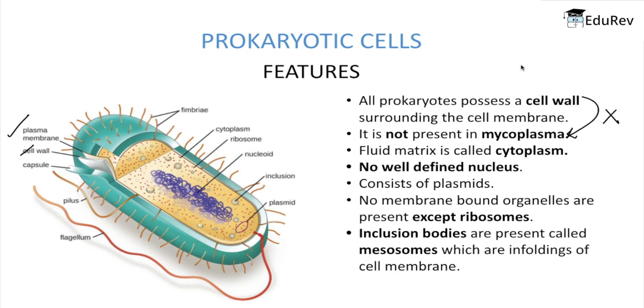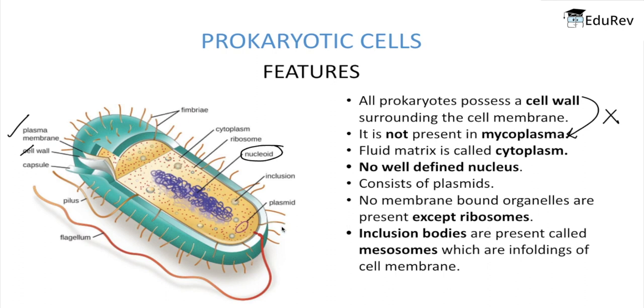Apart from the cell wall, the fluid-like matrix present inside the bacterial cell is called cytoplasm, in which all the contents of bacterial cells are suspended. No well-defined nucleus is present; the nucleus you see here, also called the nucleoid, lies freely inside the cytoplasm.